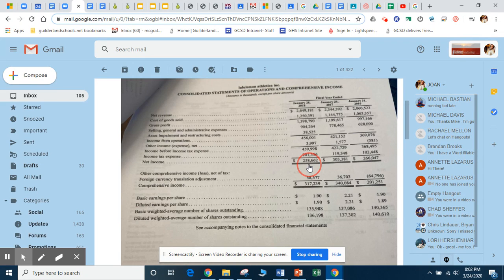To find the outstanding shares of stock, as I think I mentioned in one of the things that I posted for you guys, you can find that either on the balance sheet or sometimes on the statement of stockholders' equity.